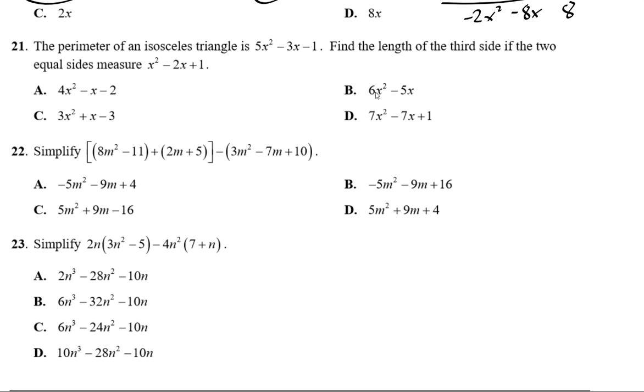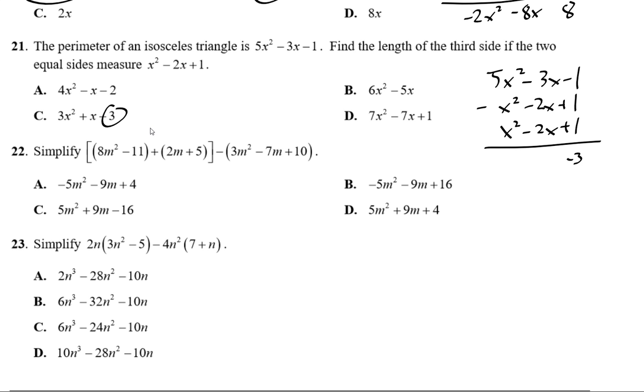21, the perimeter of an isosceles triangle is this. Find the length of the third side if the two equal sides measure that. I'm going to do this as a subtraction too. I know the perimeter is all of the sides together. And if I subtract one of the identical sides and another one of the identical sides, we'll see what we get. So -1 minus 1 minus another 1, that's -3. Right away, we know it should be C. I could stop here if this was a test.